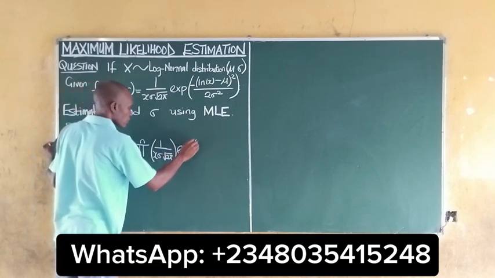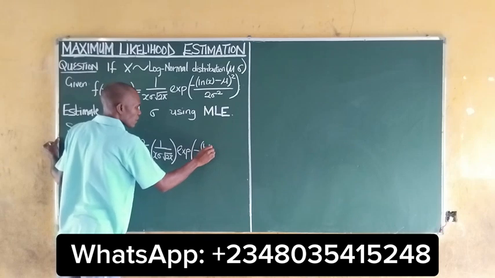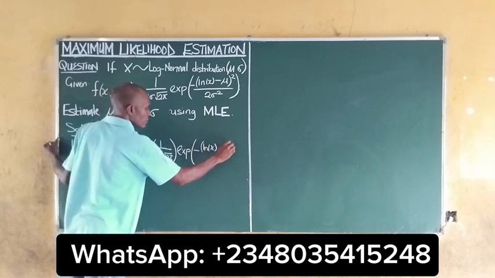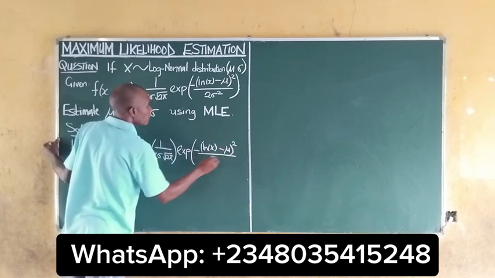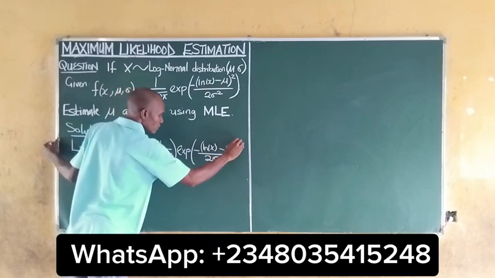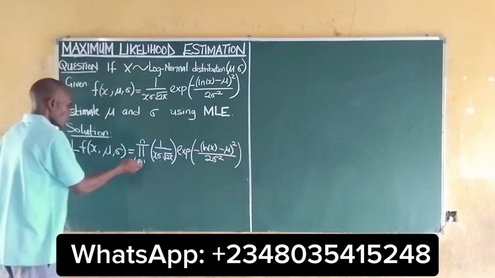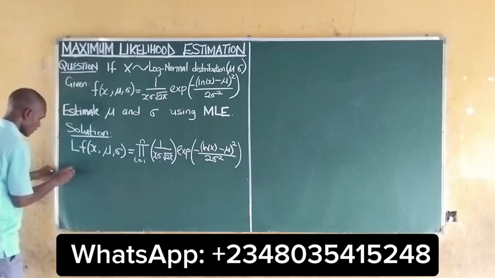Exponential negative ln x minus mean, raised to the power of 2, all over 2 sigma squared. So if we take the product of this, we get something like this.